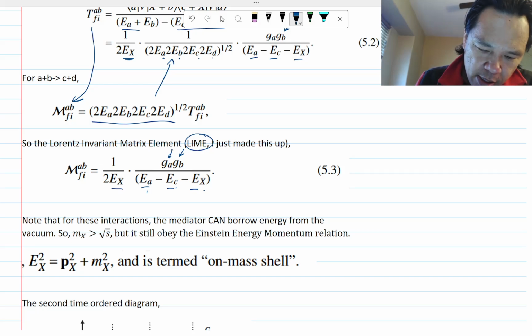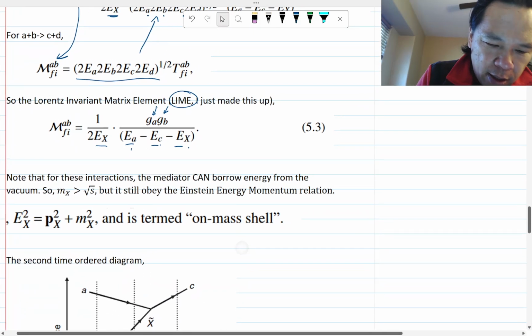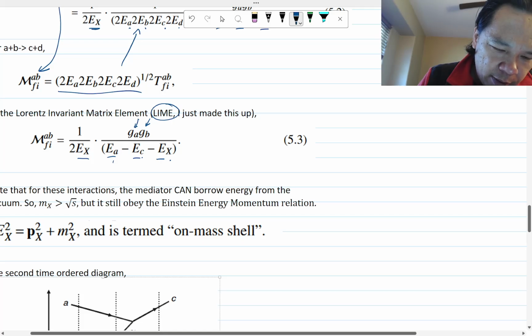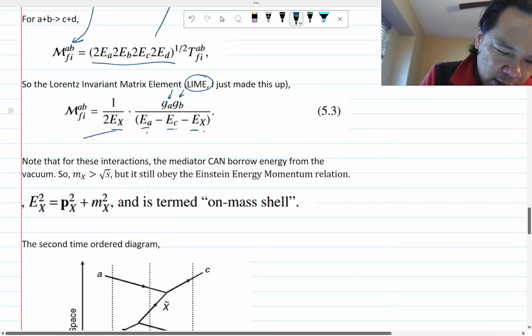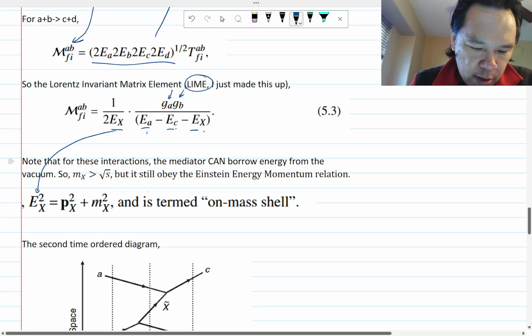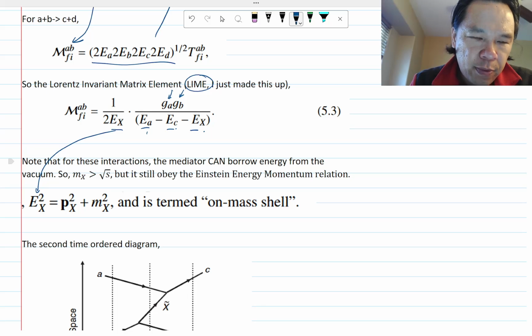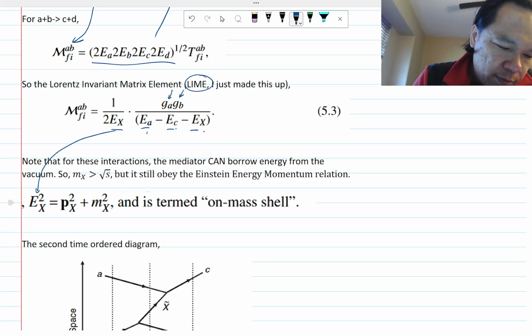So note that this EX is able to borrow energy from the vacuum for a short amount of time. But the thing is, no matter what, the Einstein energy-momentum relation still holds.